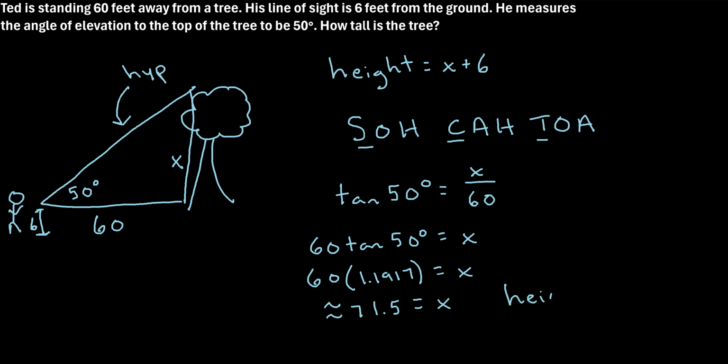So the height is going to be 71.5 plus 6, which is equal to about 77.5, and our units are feet. So the total height of the tree is 77.5 feet.